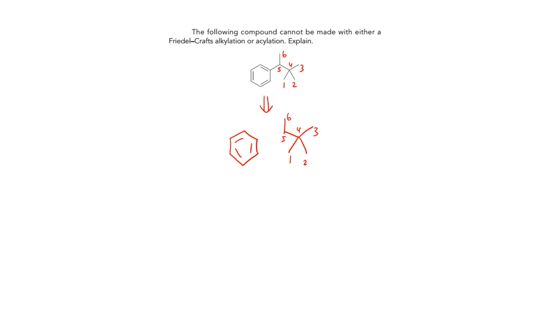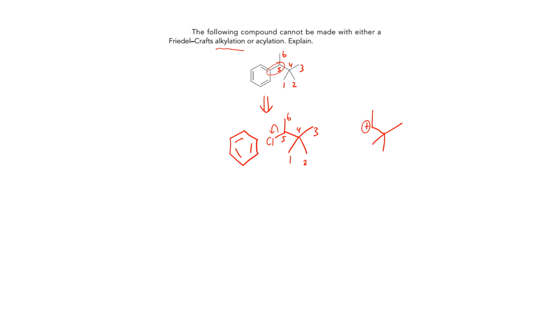Now, with alkylation, you guys know that at number 5, because that's where the bond's being made, I'm going to have some sort of halide. Let's just put a chloride there at number 5. You guys know that when this leaves eventually, you're going to make this.